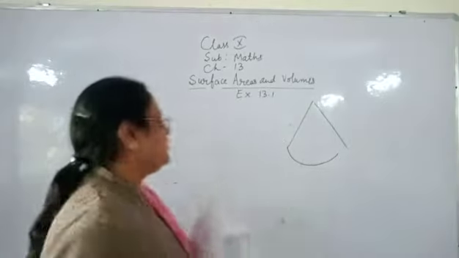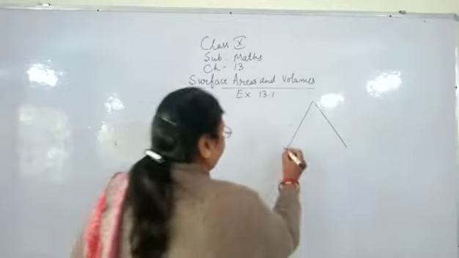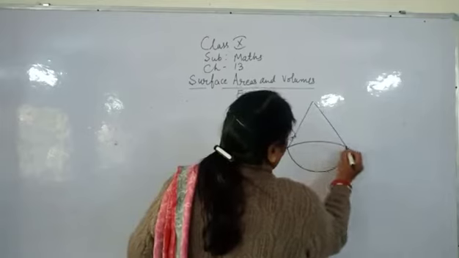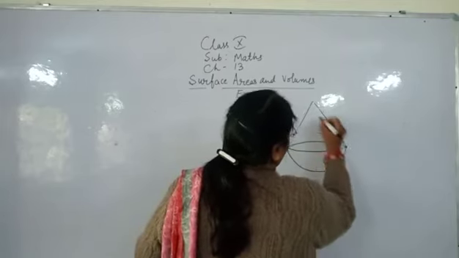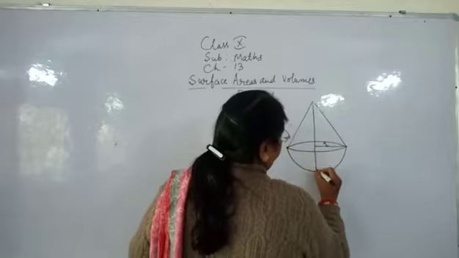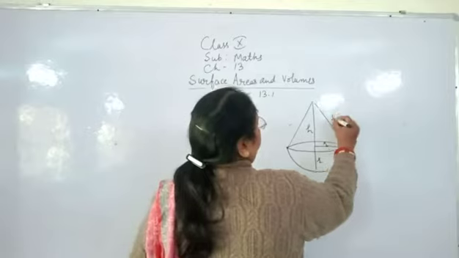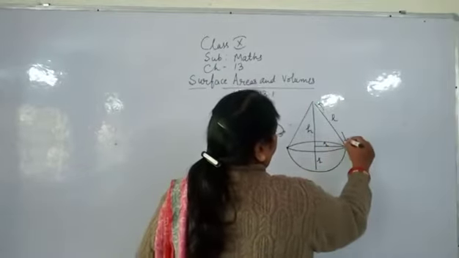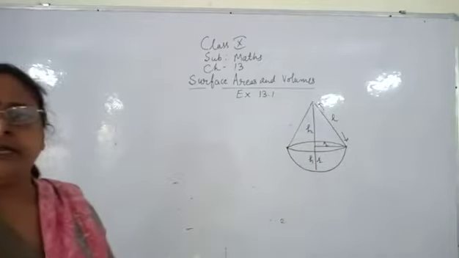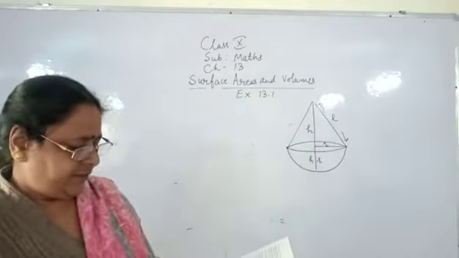Firstly we will draw a hemisphere, then the upper part is the cone. Radius of hemisphere and radius of cone are the same. This is the height of the cone and this is the slant height of the cone. In the case of a hemisphere, both height and radius are the same.